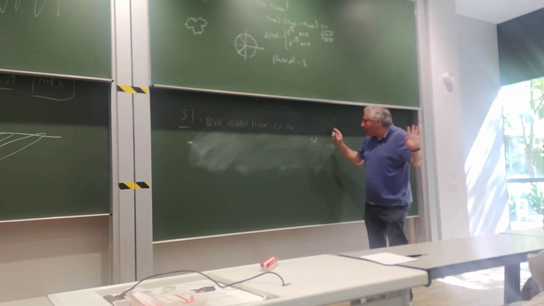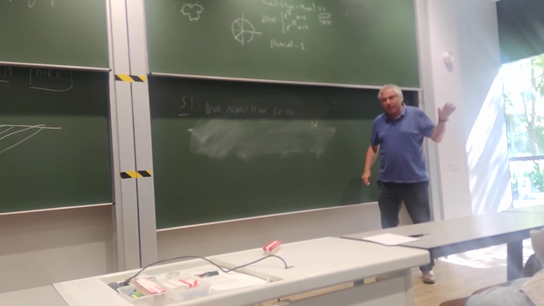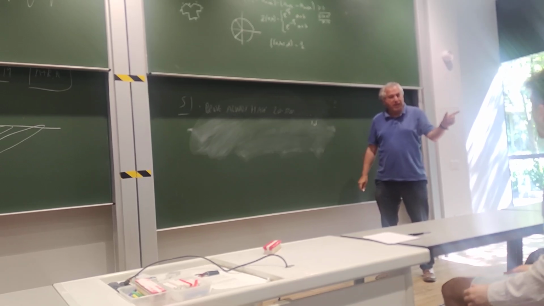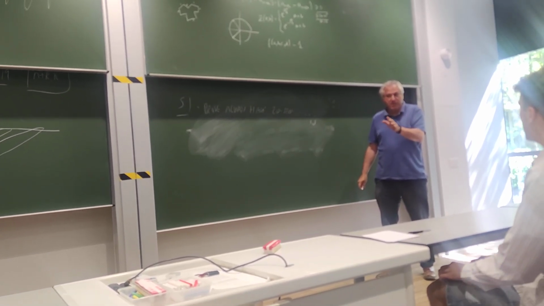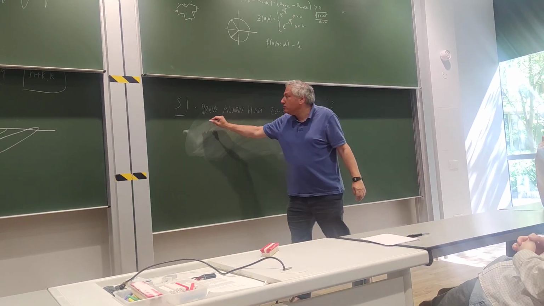I'm not saying the 10th one's the biggest of those 10. All I want is that all the first 10 are below all the second 10. Does that make sense?